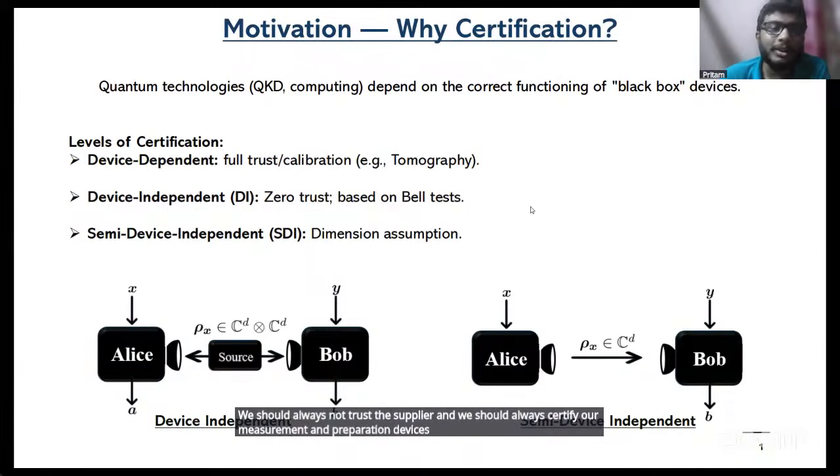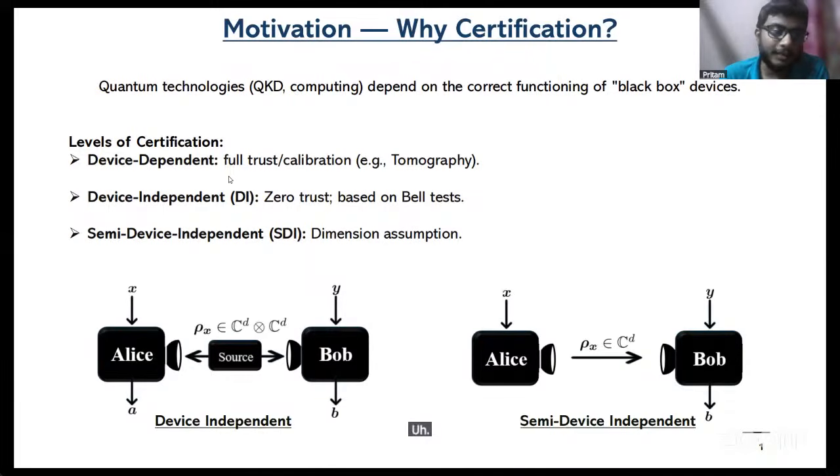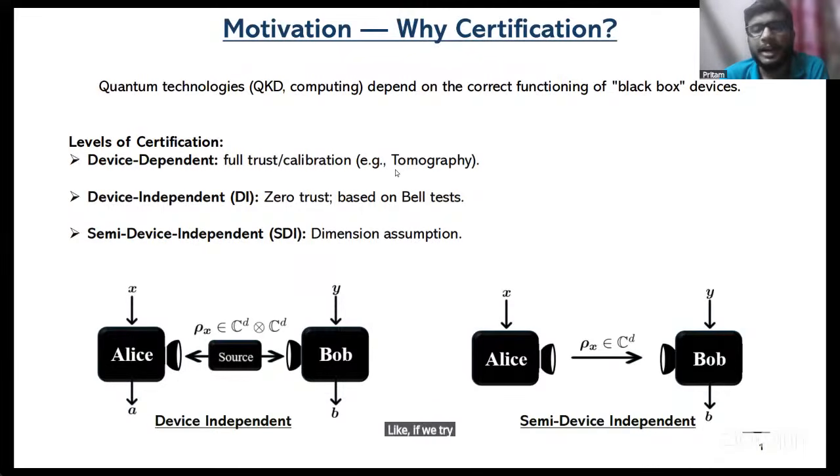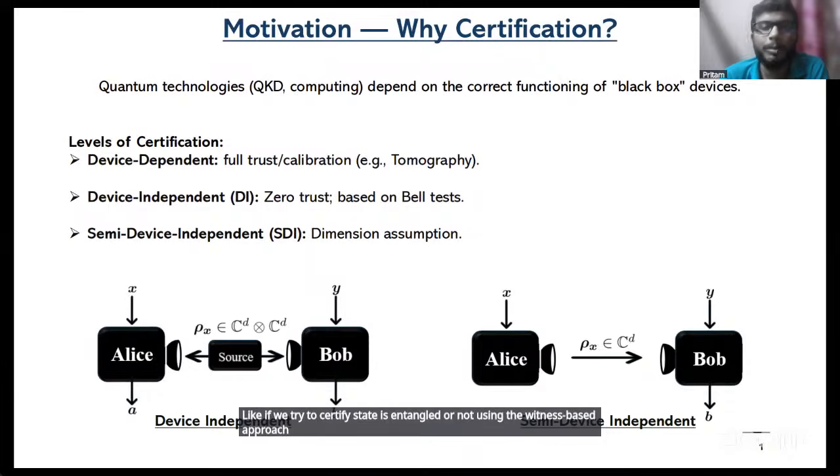Based on the trust issue, certifications are described in three ways. Device dependent, where we trust the full device and use it for tomography. For example, if we try to certify whether a state is entangled using a witness-based approach or some moment-based detection approach, then this turns out to be a device dependent protocol.